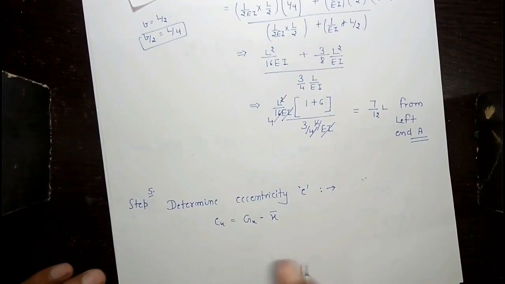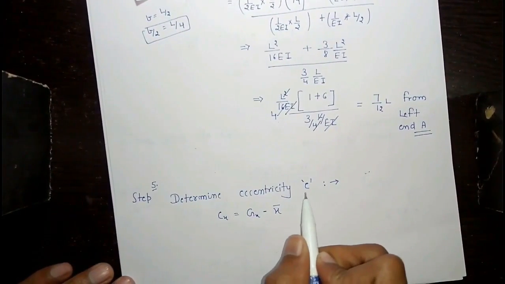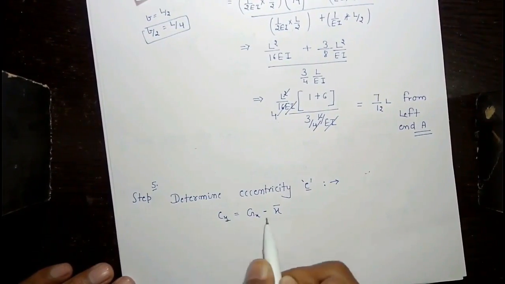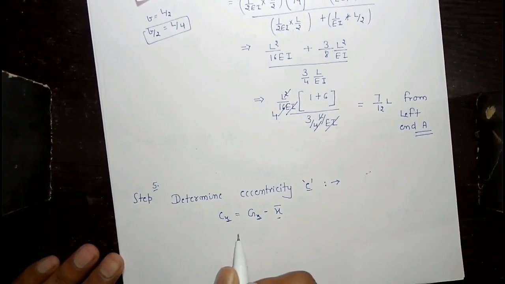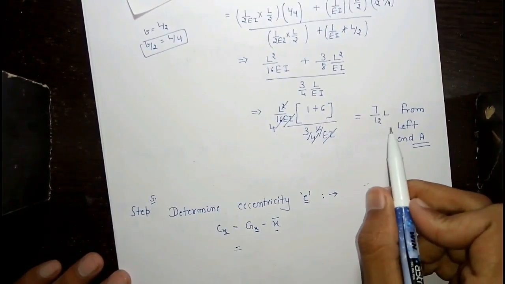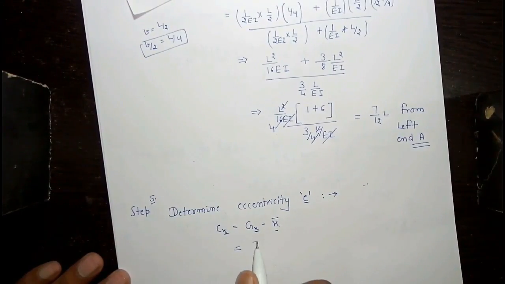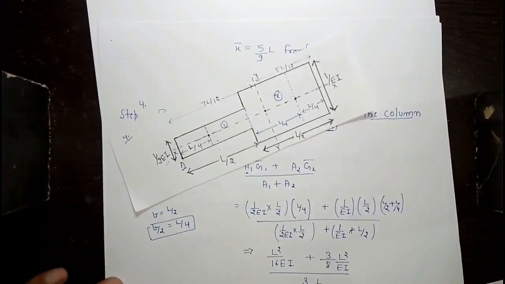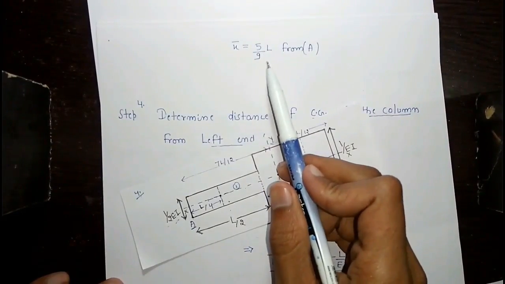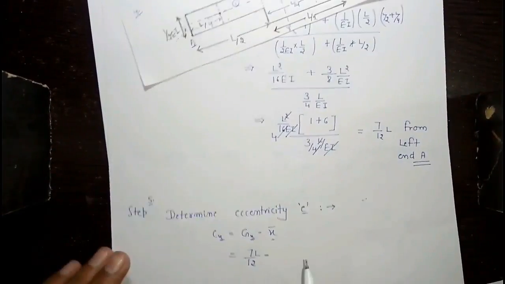Now step 5, determine eccentricity E. Eccentricity in x direction, Ex equals Gx minus x bar. Gx is 7 L by 12 minus x bar. X bar is 5 L by 9.